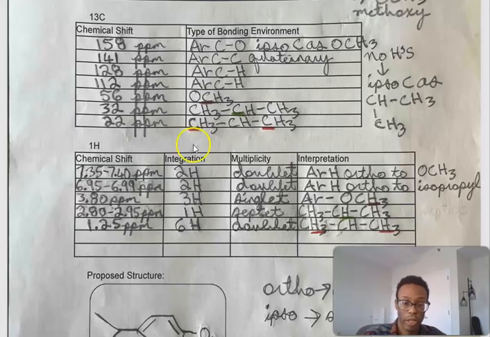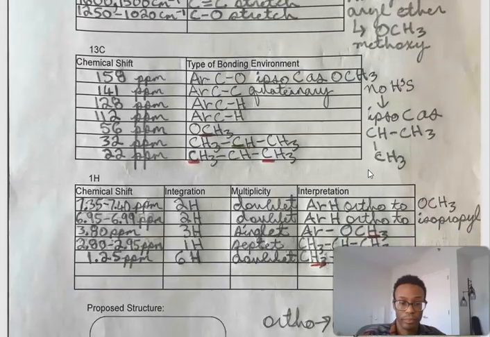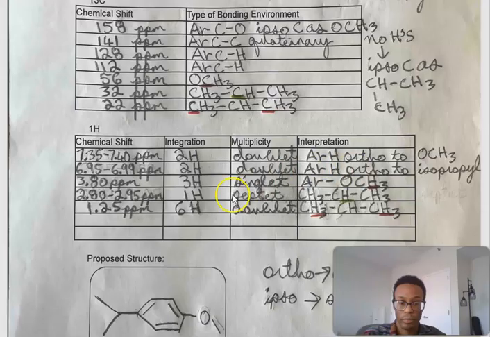Now let's interpret the 1H NMR. Present in the 1H NMR are aromatic hydrogens adjacent to methoxy at 7.35 to 7.4 ppm with an integration of 2H, with a multiplicity of a doublet, suggesting there's one other hydrogen neighbor.